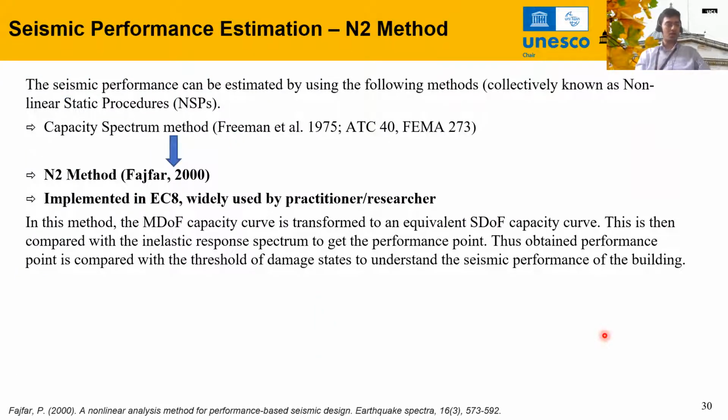Now I will go into the N2 method very quickly. I'm not going into the details of the numerical or mathematical theory behind it, but I will make it practical so that you can understand how to use the N2 method.